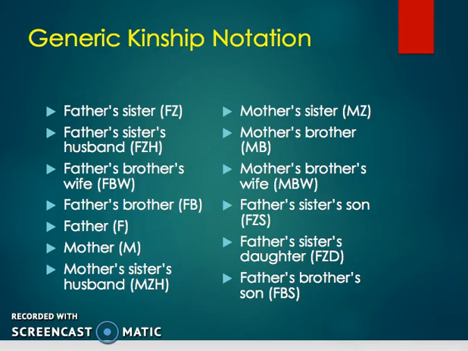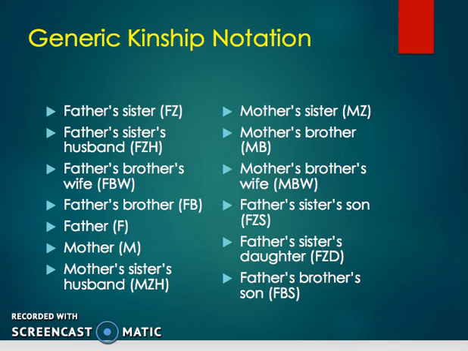We use generic notation symbols to label any kin or affinal relationship in relation to ego. I won't cite all of the kin relationships on this list, but generic kinship notation could be more precise, at least from an etic or external point of view, than standard kinship terminology.